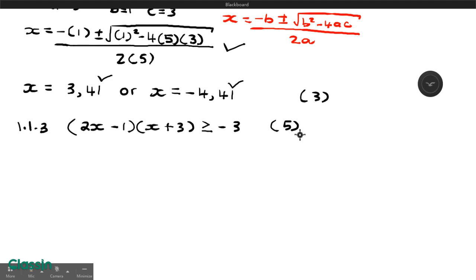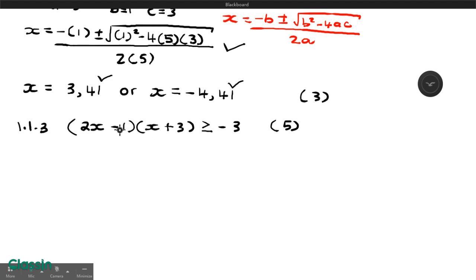The amount of marks that you see says a lot about the amount of work that you're going to do. But because you're solving for x, take note that these 5 marks do not necessarily mean that the question is difficult. It's just that there are more steps as compared to the previous one.